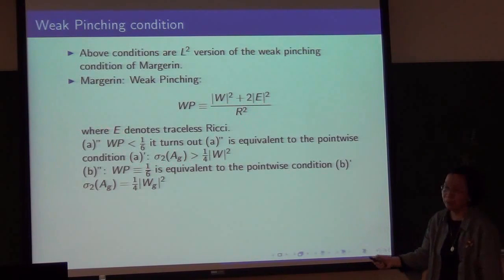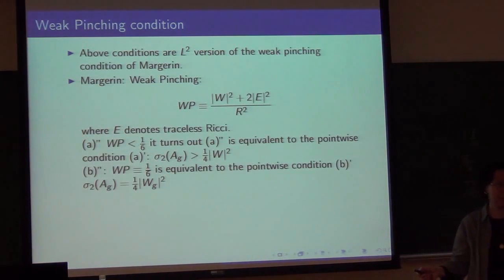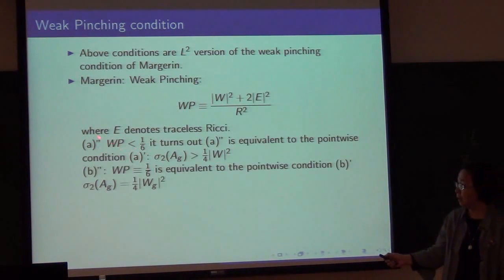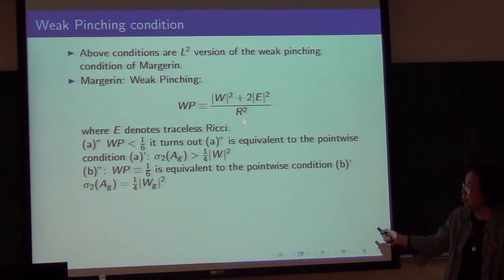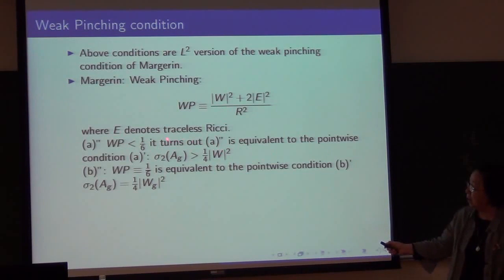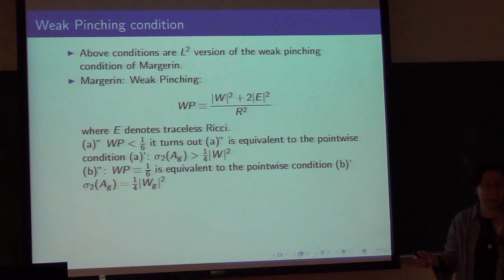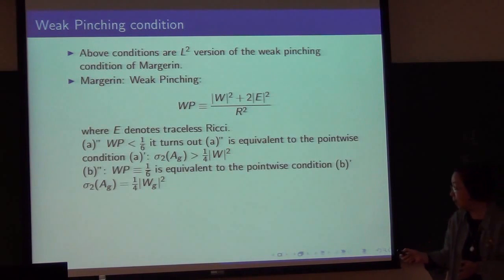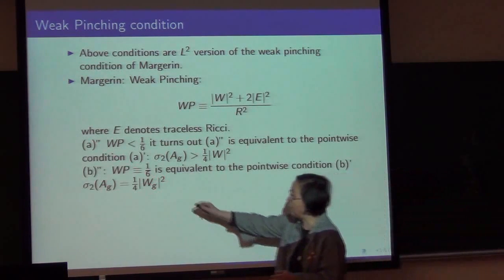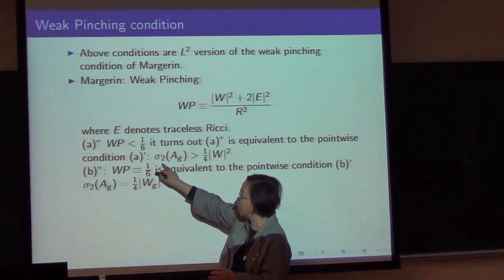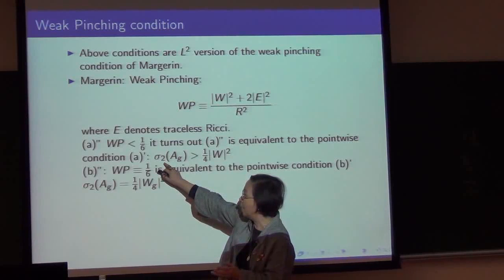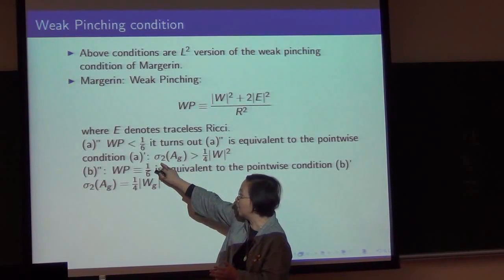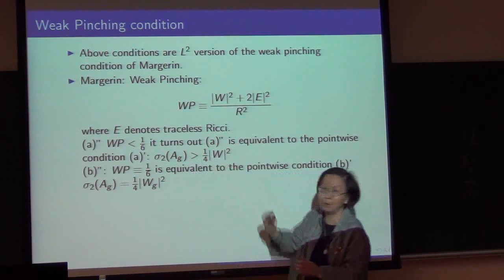So Margerin, using Ricci flow, has a sharp result in four-manifolds. We say that if the weak pinching is pointwise less than 1/6, then the manifold is diffeomorphic to the four-sphere and so on. But in this case, just because of some miracle and algebraic consequence, the weak pinching being less than 1/6 is exactly the same as the pointwise second symmetric function being greater than 1/4.